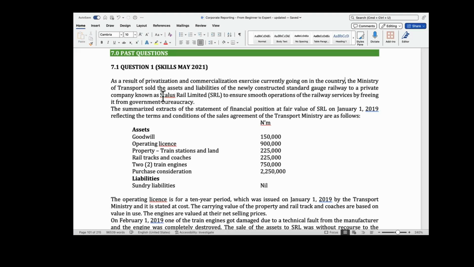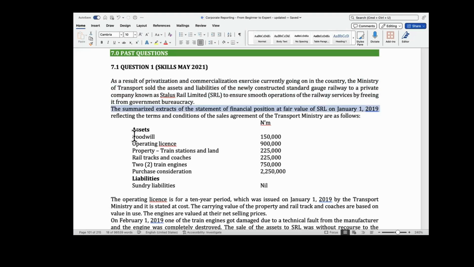Okay, so I'll be analyzing it paragraph by paragraph. This paragraph is saying that government has sold the railway stations to Talos. The second paragraph says the summarized extract of the statement of financial position at fair value of SRL on January 1st, 2019, reflecting the terms and conditions of the sales agreement of the Transport Ministry.